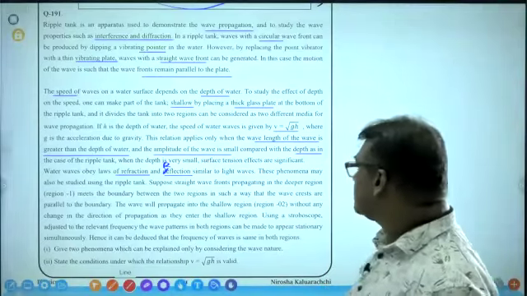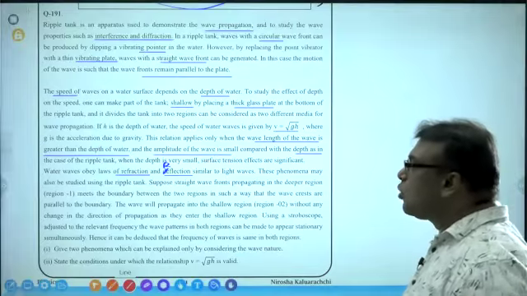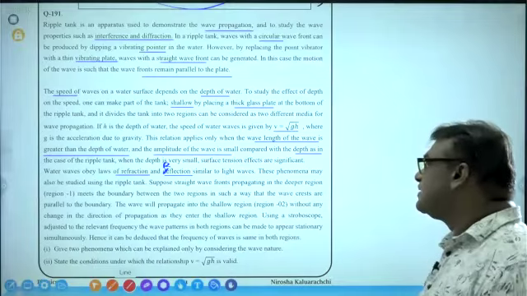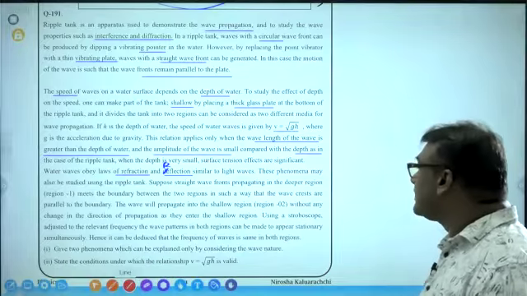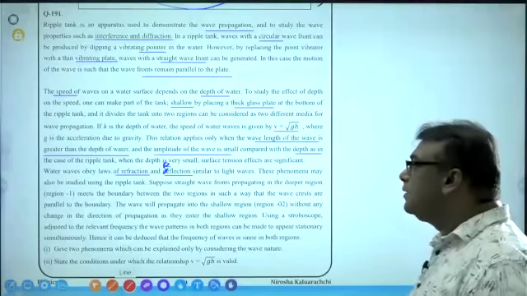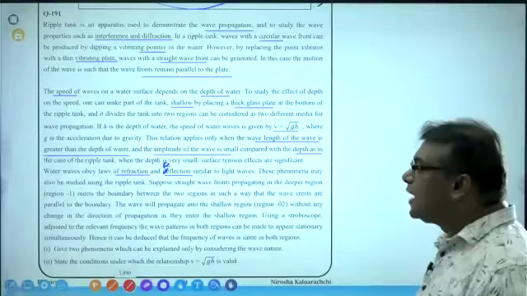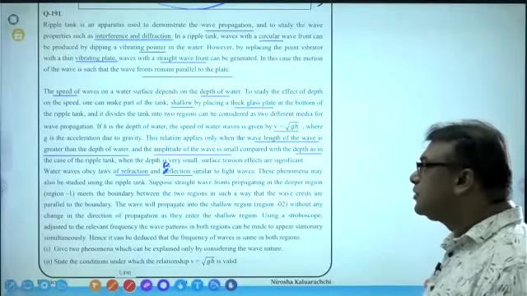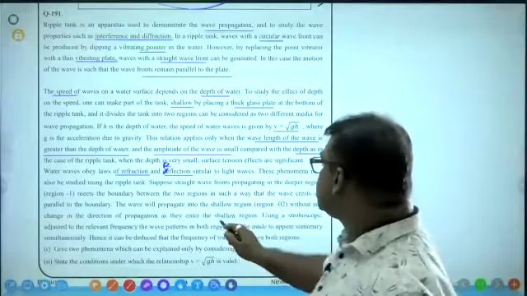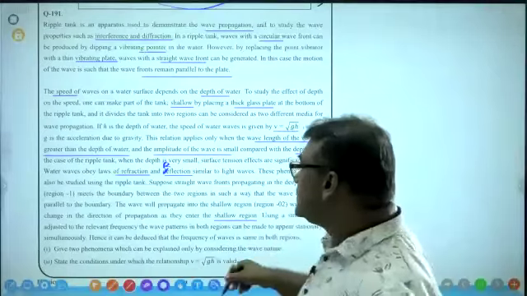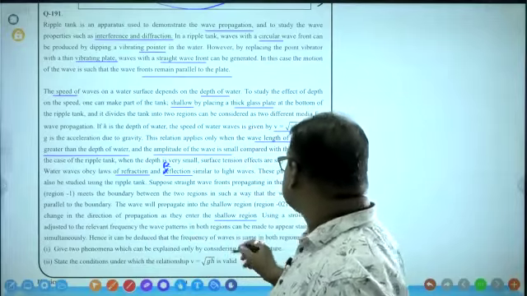Suppose the straight wavefront propagating in the deep region meets the boundary between two regions in such a way that the wave crest is parallel to the boundary. The wave will propagate into the shallow region, region 2, without any change in the direction of propagation as they enter the shallow region.